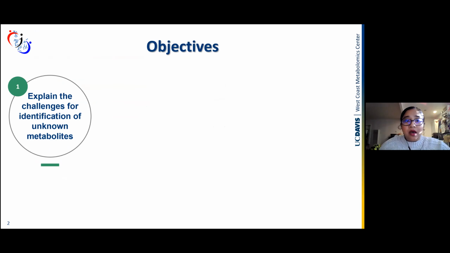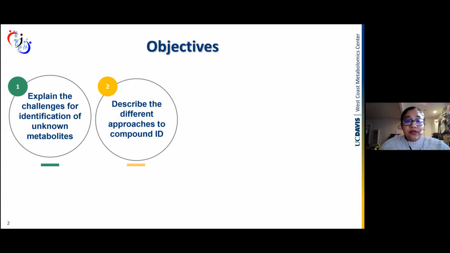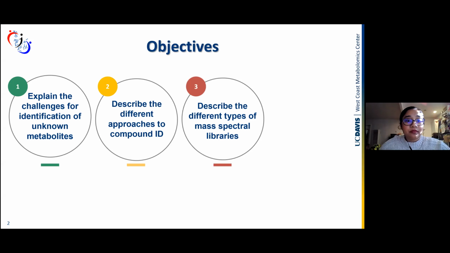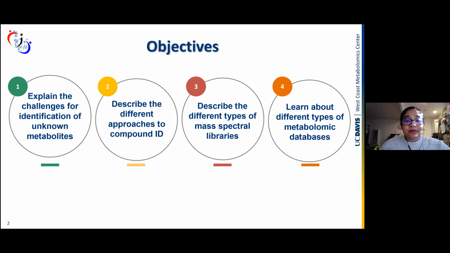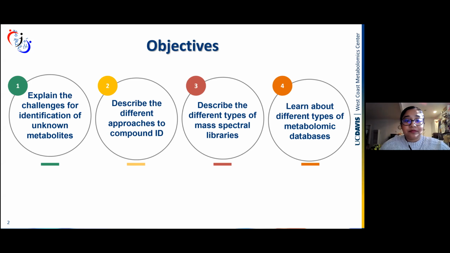When we're talking about databases and libraries, this will make sense as to why I wanted to talk about this first. And then also describe the different approaches to compound identification. Then I'll go into describing different types of mass spectral libraries, as there are quite a number of types. And then we'll learn about different types of metabolomic databases.